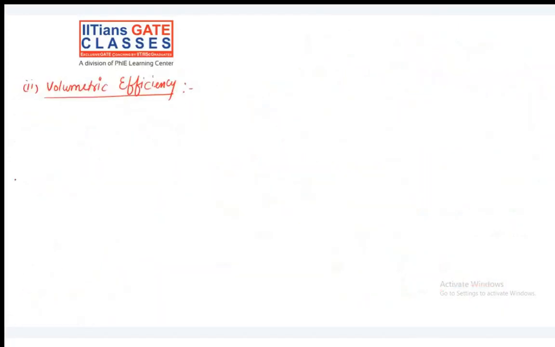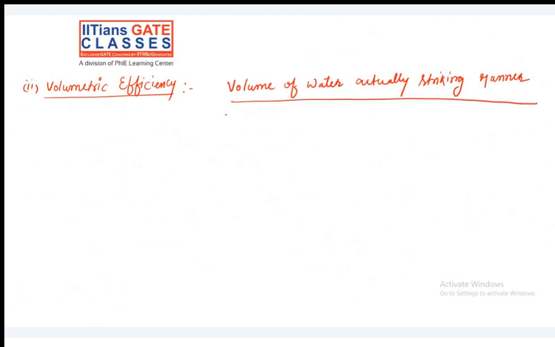So volumetric efficiency becomes volume of water actually striking the runner divided by volume of water supplied to the turbine.